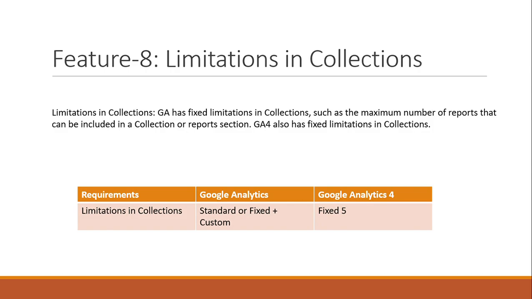If we want to deprecate those, we have to unpublish them and create our own collections, or else Google has to increase the number of collections. Because if we have different kinds of reports, we would keep adding all of them in our collections rather than putting them in the explorations every time.